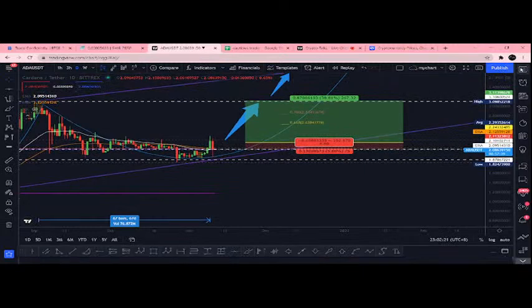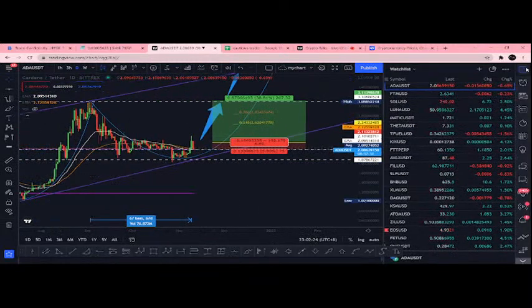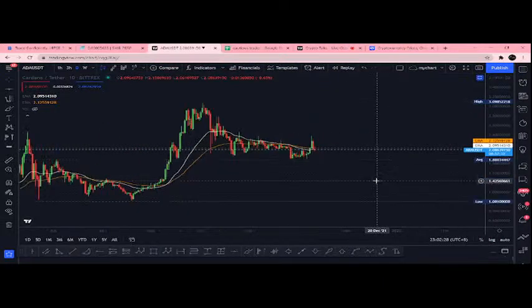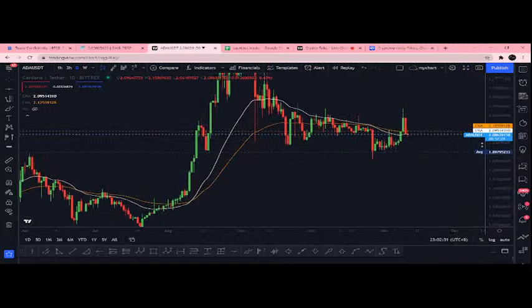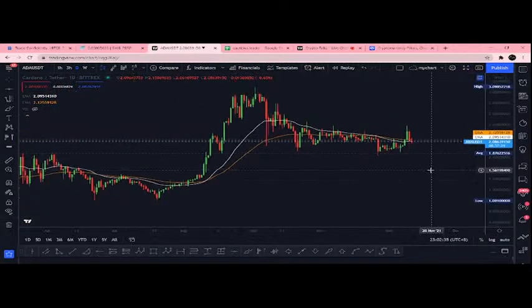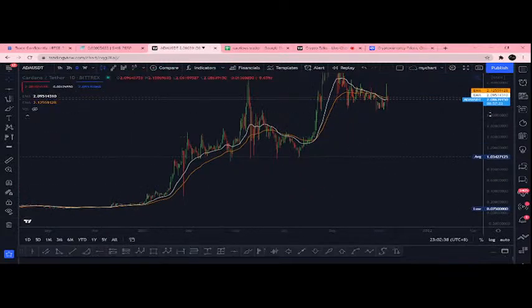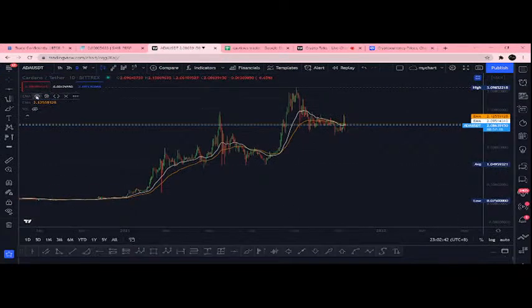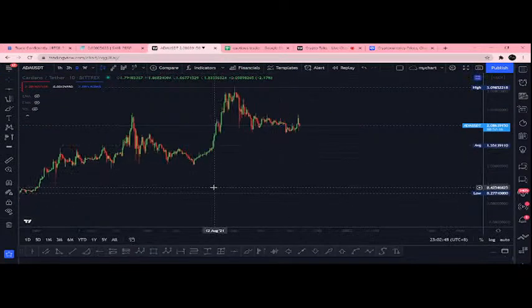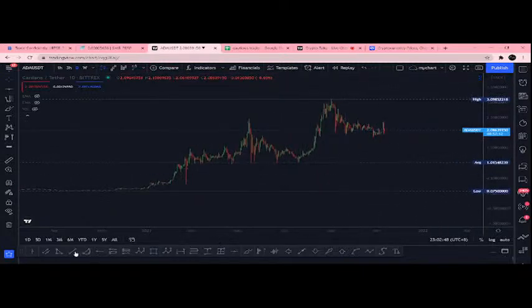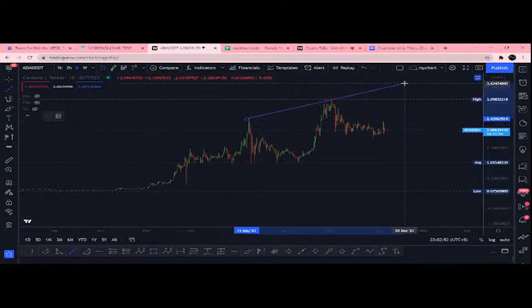Let's just check a bit. Let's just delete it a bit. That's really a very huge dump. It's just these candles for the meantime, then we'll just add the other indicators.